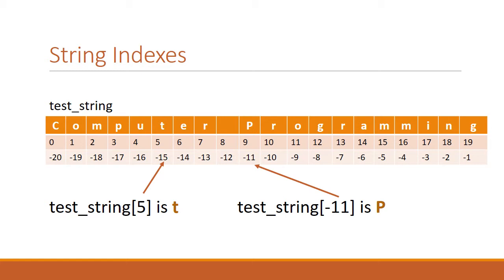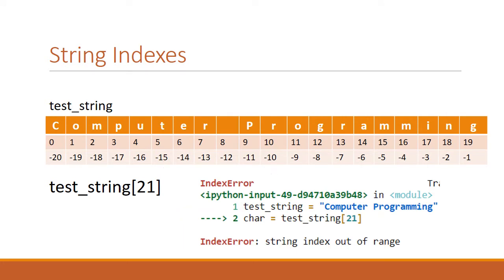Test string[-11] is equal to the uppercase character P. If we attempt to access characters that are not in the range 0 through 19 or -1 to -20, an error message is generated. For example, if we try to access test string[21], we see that an index error is generated by the interpreter.